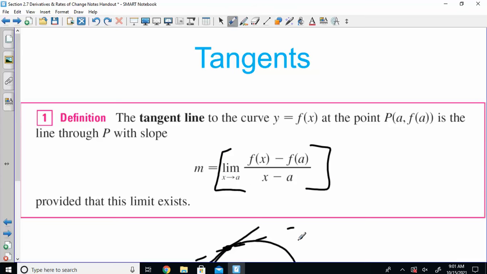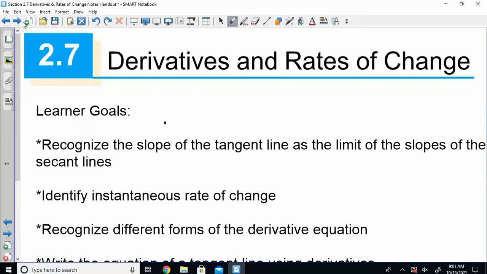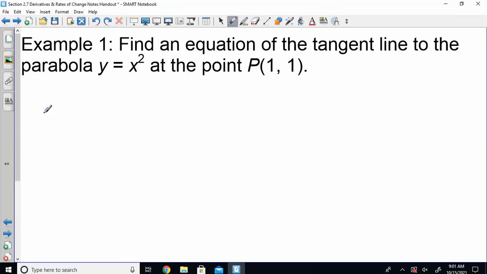And then we spent the rest of the chapter figuring out how to calculate those limits. So if I wanted the equation of this tangent line, we first need the slope, which would be the limit as x approaches the x value, which the x value of this point is 1. And then we need to set up our slope equation.